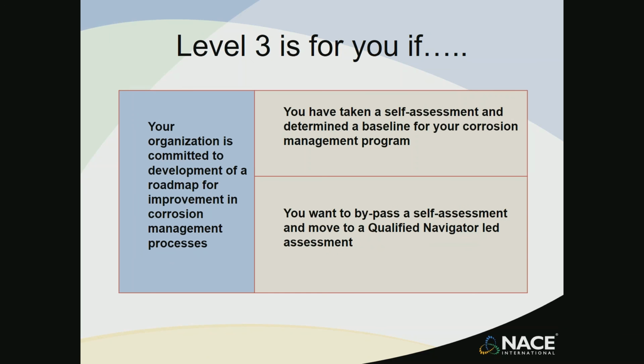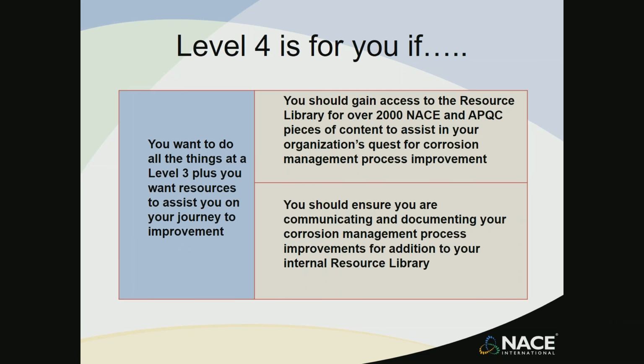Level 3, if your organization is committed to development of a roadmap for improvement in corrosion management processes. And level 4 is if you want to do all those things in level 3, plus you want the resources to assist you in your journey to improvement.